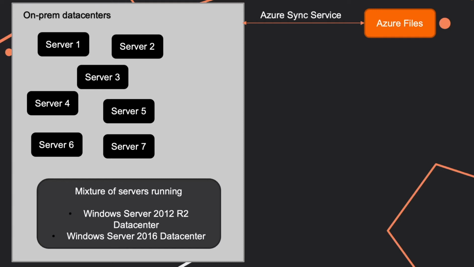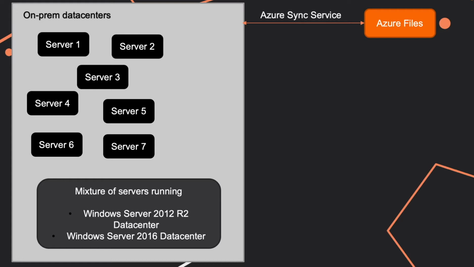For the next question, we have a random number of data centers on premises, and they are running either on Windows Server 2012 R2 Data Center Edition or on Windows Server 2016 Data Center Edition.